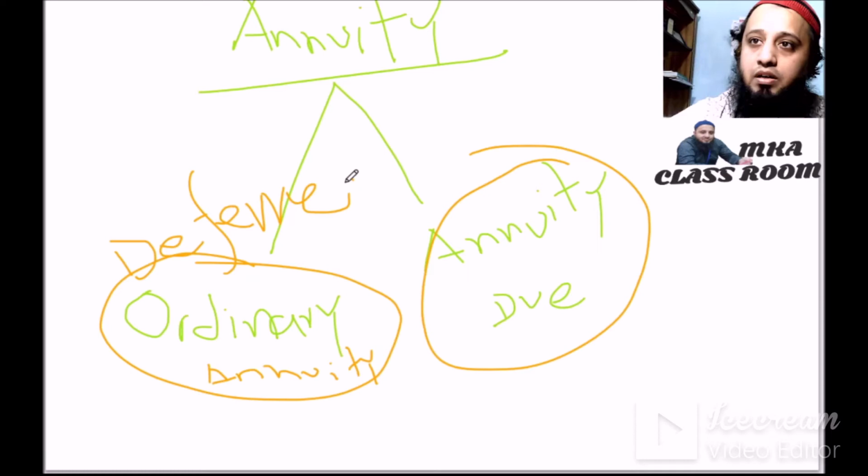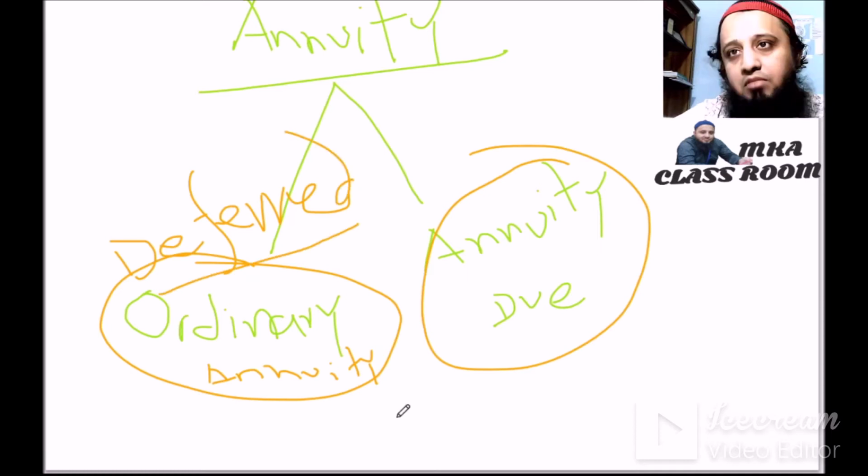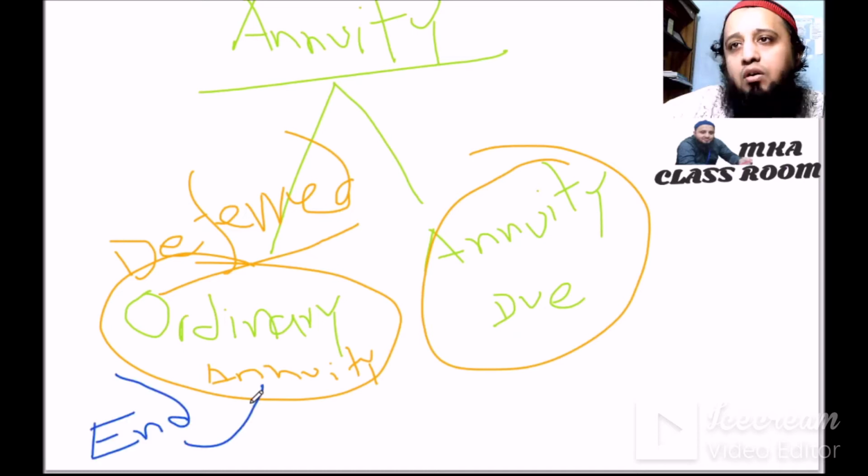Another name of ordinary annuity is deferred annuity. If the payment starts at the end of the period, then we can call it ordinary annuity.